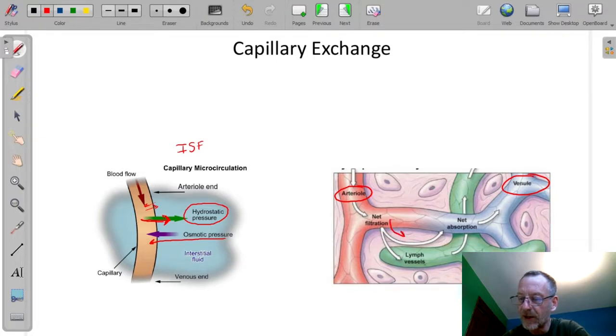At the arterial end, the fluid is going out into the interstitial fluid, those interstitial spaces. And then at the venule end of the capillary, the fluid is being returned. So there's this exchange out in the ISF. That's what we're going to be looking at, the filtration and the reabsorption.